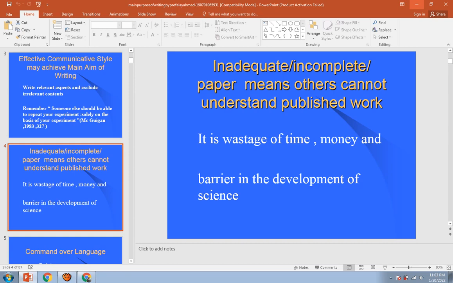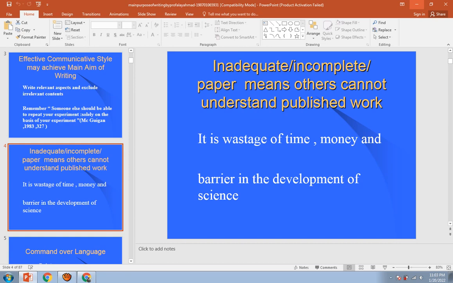Otherwise one would say that it's a wastage of time and money, and a barrier in the development of science.